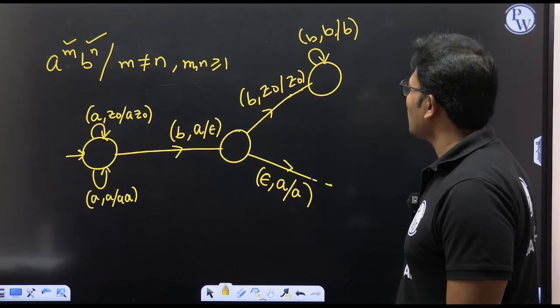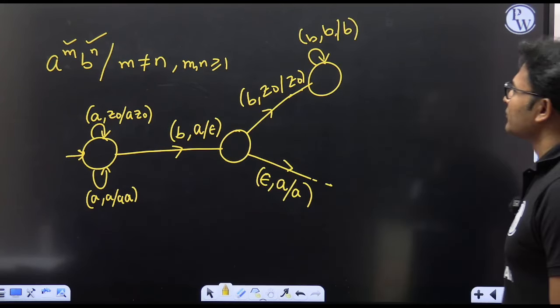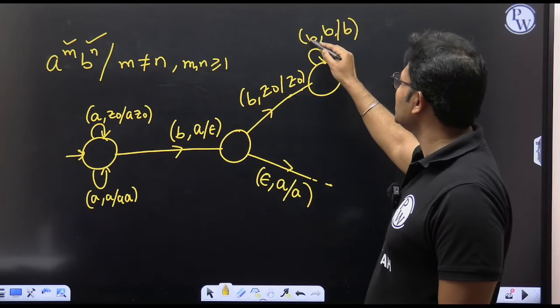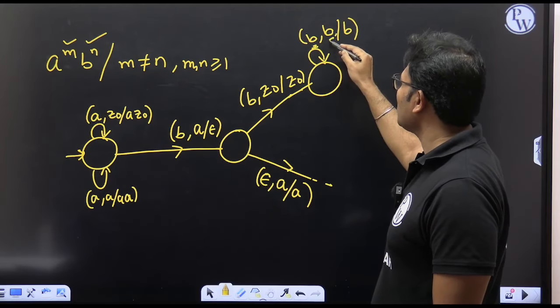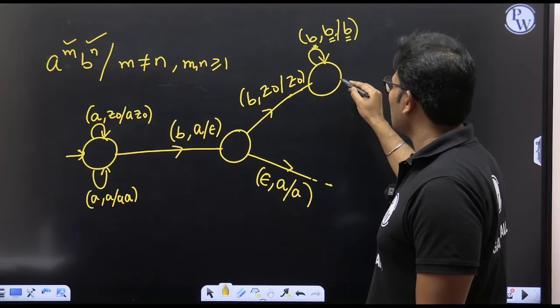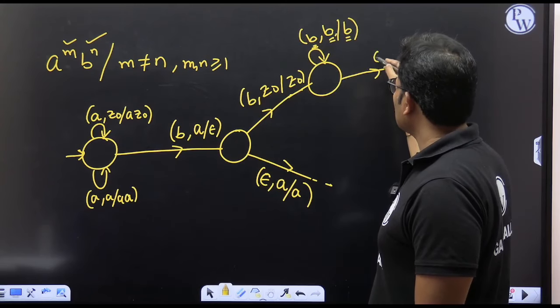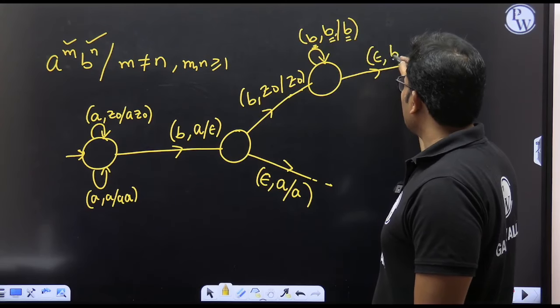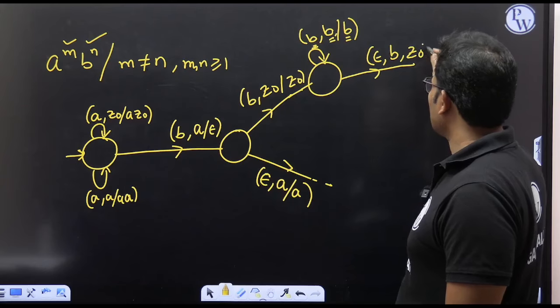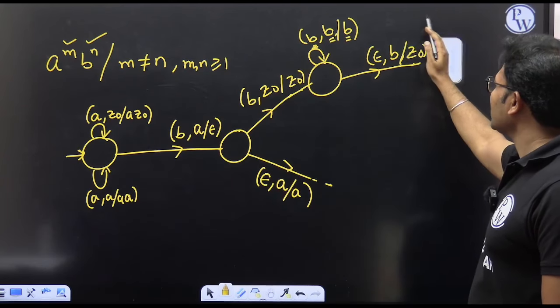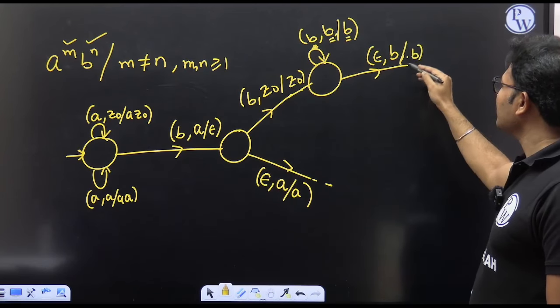Finally, when all the B's are over, epsilon, B will be on top of the stack, Z0, B will be on top of the stack, leave it as B, and you accept it.